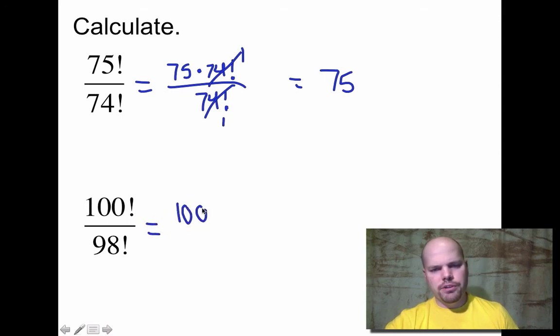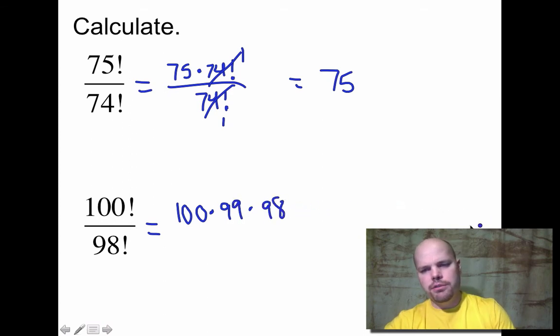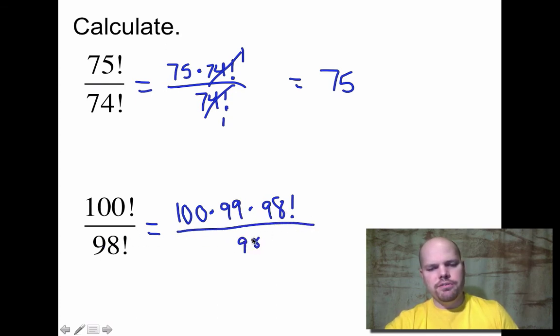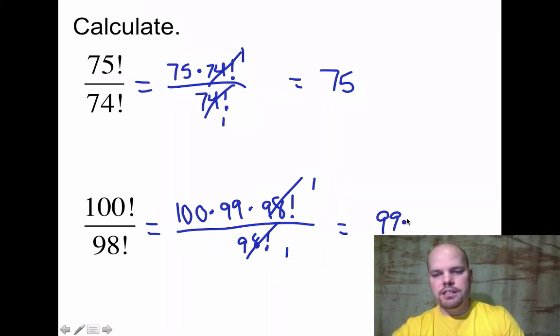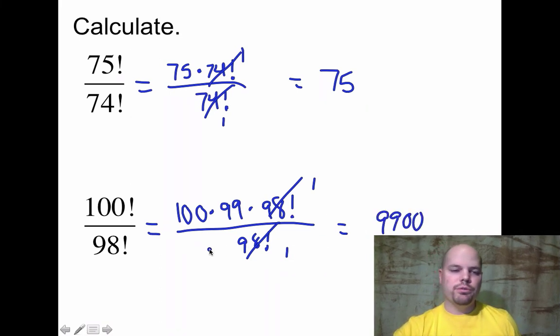So this is 100 times 99 times 98 all the way down to 1, or I could say 100 times 99 times 98 factorial, because down here I have 98 factorial, and all the integers from 98 down to 1 will cancel out to 1s, divided by itself. So it's 100 times 99 over 1, so that is 9,900. So we can do a calculation such as this that our calculator cannot process.